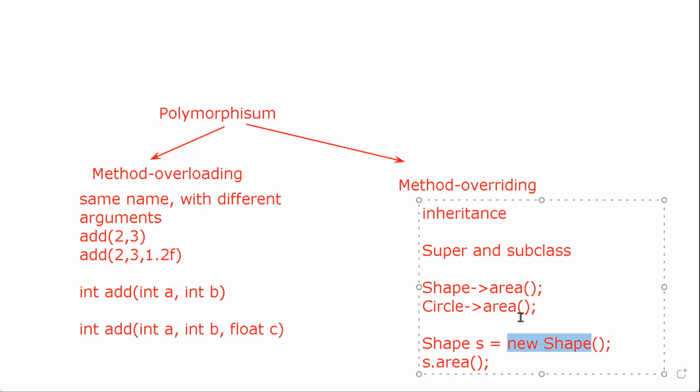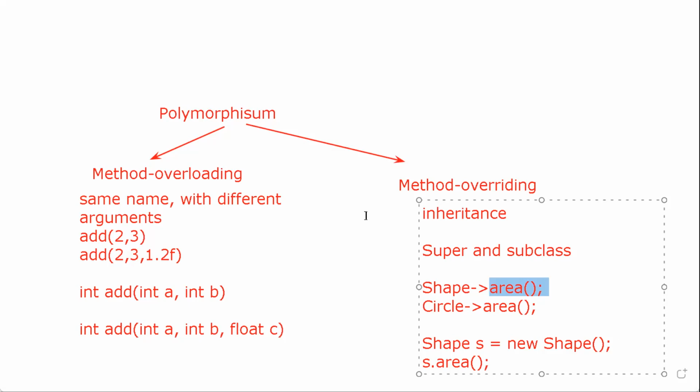Depending on the object, it will call the area method of Shape. If it is Circle, it will go to Circle. If it is new Shape, it will go to Shape area. That is the concept of method overriding.